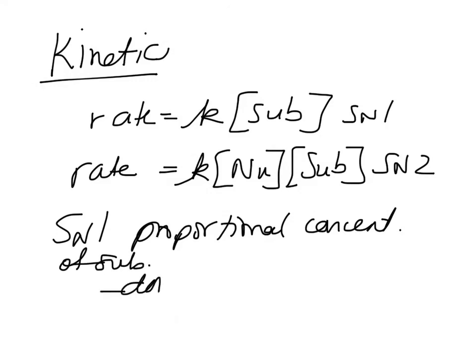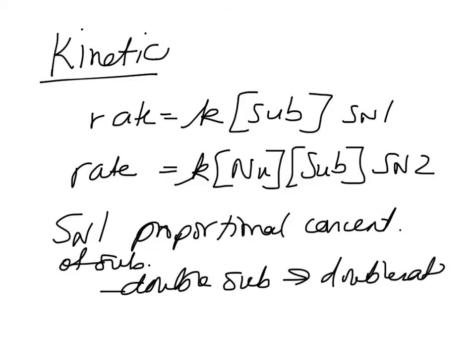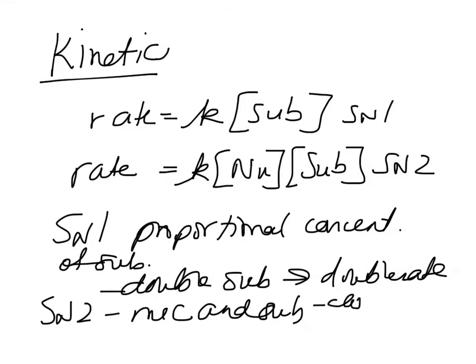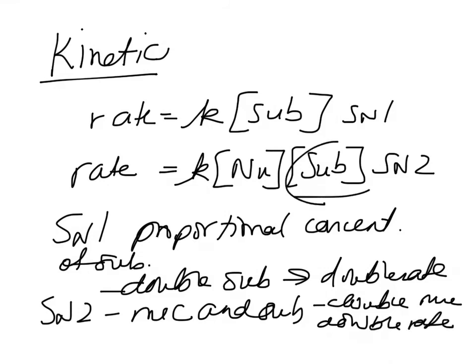You double the substrate, you double the rate. For SN2, we have both the nucleophile and the substrate. So if we double the nucleophile, we double the rate. If you double the substrate, you double the rate.